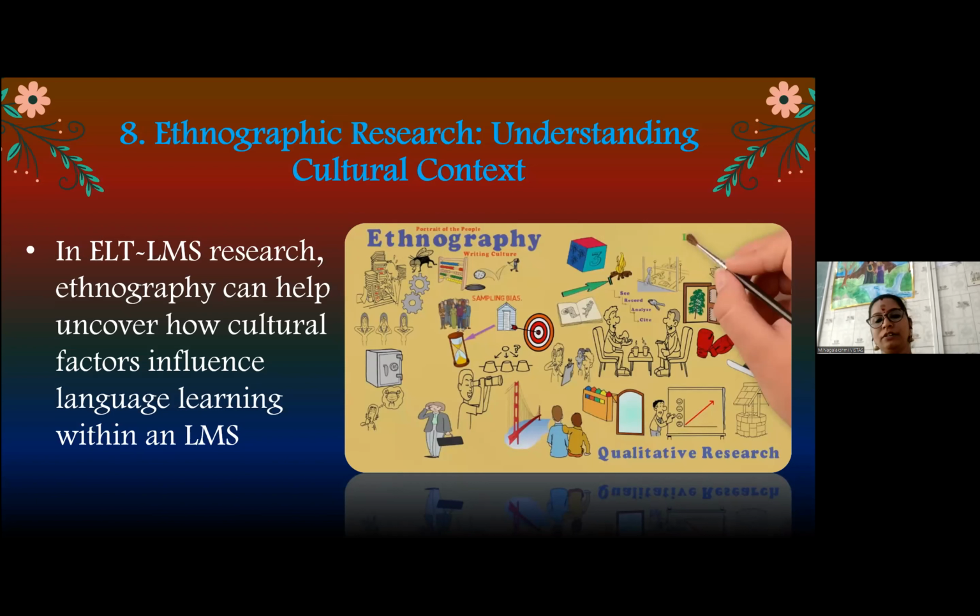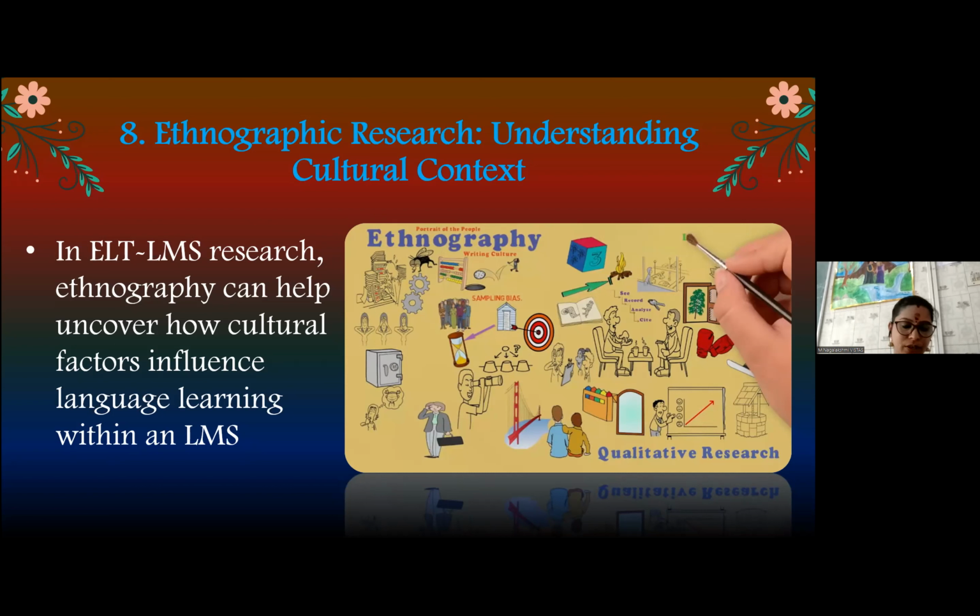You can see from the picture, right? So in ELT LMS research, ethnography can help uncover how cultural factors influence language learning within an LMS.